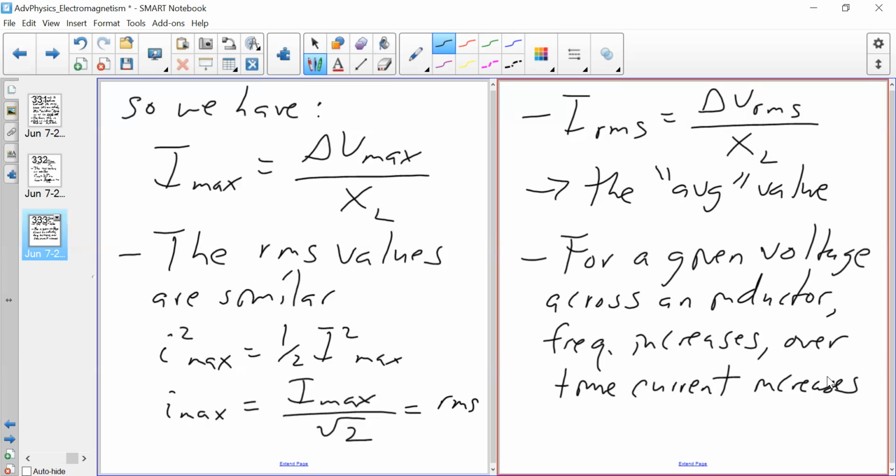That increased current creates, obviously, its own magnetic field. Then there is an opposing magnetic field that sets up its own current to oppose the original current. So we have this cyclic action happening.